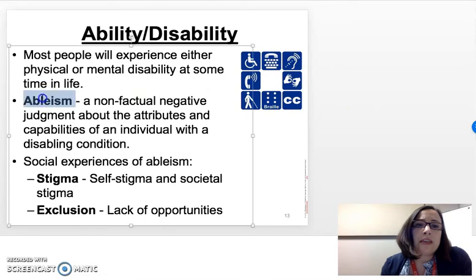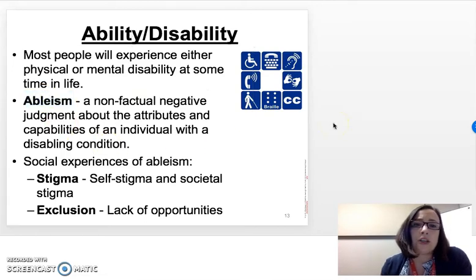Now, the term that you're seeing here is the term that we use to refer to discrimination that is targeted toward people with disabilities. And ableism is, of course, when we make a non-factual or negative judgment about somebody with a disability. Perhaps we make an assumption about a person based on their disability.